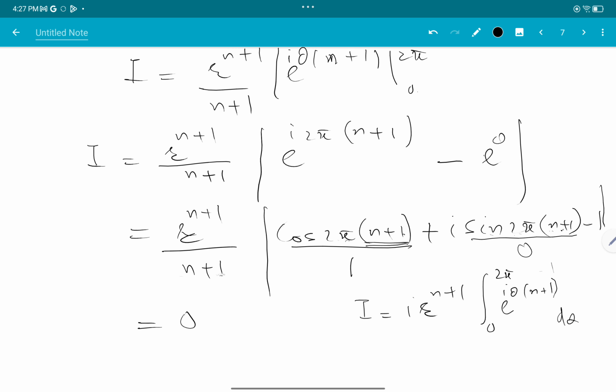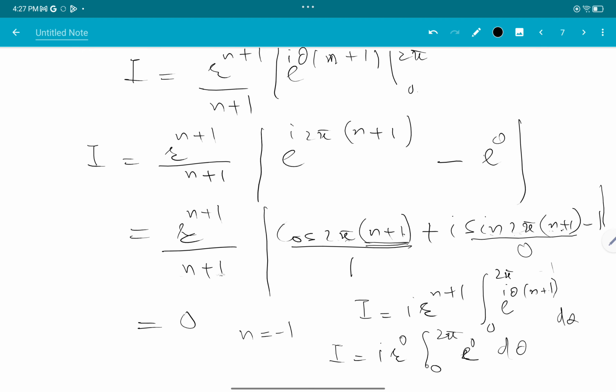Okay, so this is what we had before integrating it. Now put n equal to minus 1 in this. We get I of n equal to minus 1, and this will become 0. Then when we go to the integral 0 to 2 pi, without carrying out integration, e raised to n plus 1 for n equal to minus 1 will become e raised to 0, d theta.